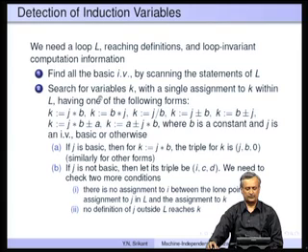So, search for variables such as k with a single assignment to k within the loop L, having one of the following forms. There are many forms: j * b, b * j, etcetera. What is not permitted is b / j, because it becomes nonlinear.